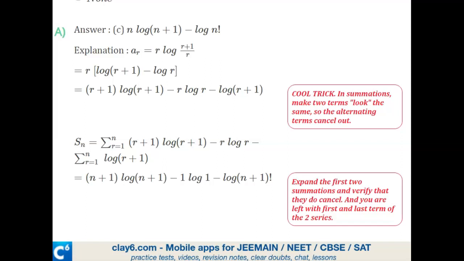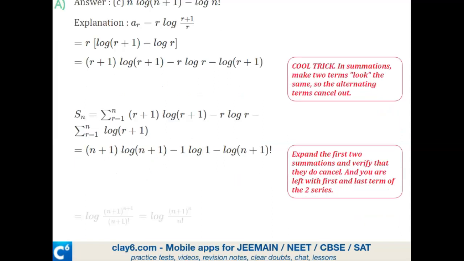And then the third thing is very simple. Summation of log (r plus 1), from 1 to n, is log 2 plus log 3 and so on up to log (n plus 1), and log a plus log b is log ab. So we just multiply it and you'll end up with log (n plus 1) factorial. Now we know that log 1 is 0, so we take care of that.